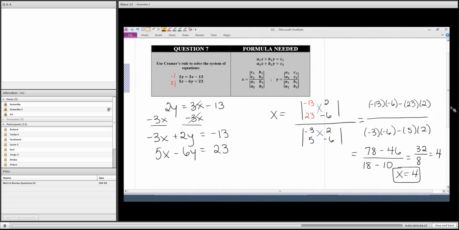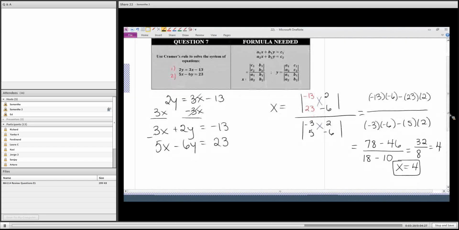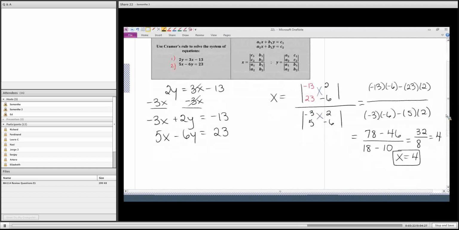And just like before, since we know what x is, we can substitute into one of the equations to find y. It doesn't matter which one you substitute into. I'm just going to put it into the first one. So let me write out the equation. 2y is equal to 3x minus 13.